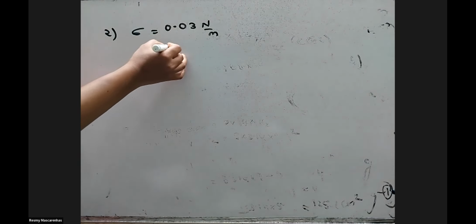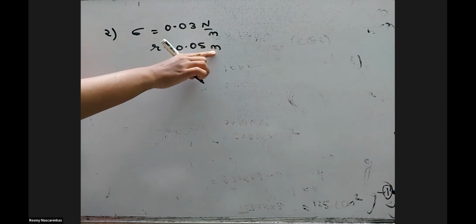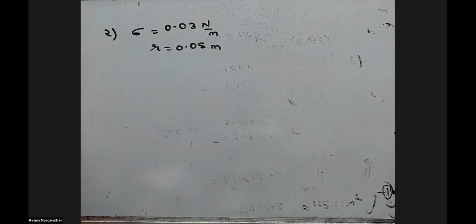Surface tension is given as 0.03 Newton per meter, and radius is given as 0.05 meter. Now, if this was given in meter and this was in centimeter, we have to convert it into meter. Now, both are in terms of meters, so no need to do anything.